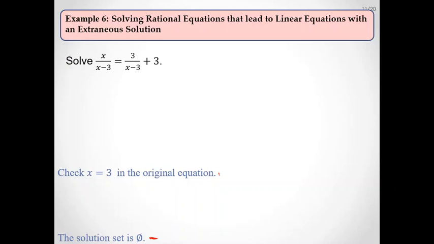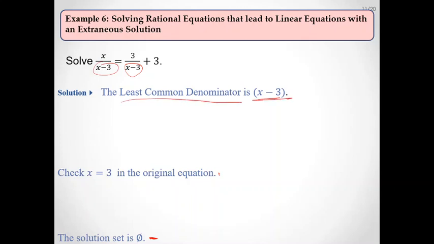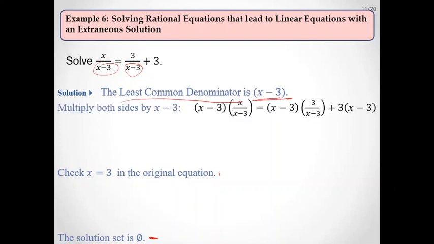Let's look at this example. You check the least common denominator, and there's only one denominator, which is common. We take the LCD as x minus 3, and we multiply both sides, as you see here, everything with x minus 3.